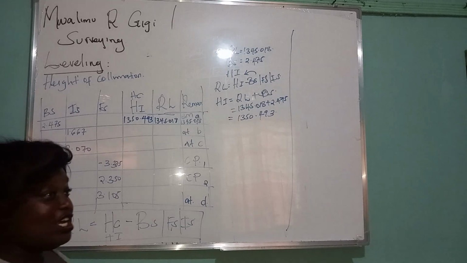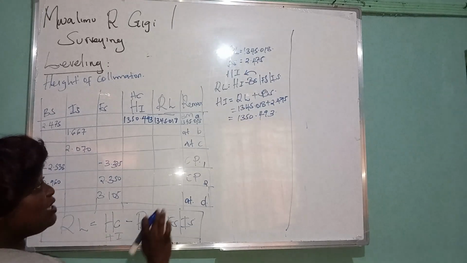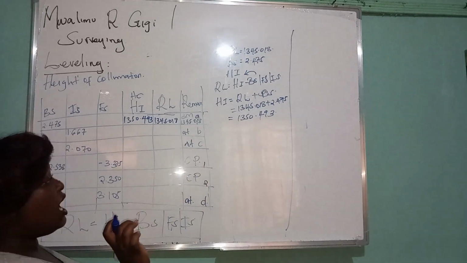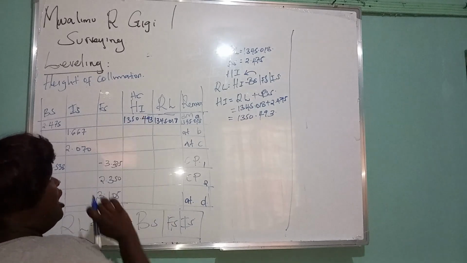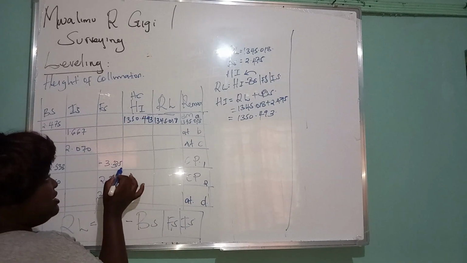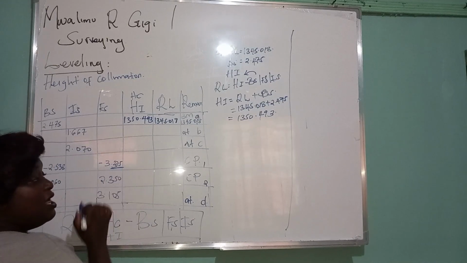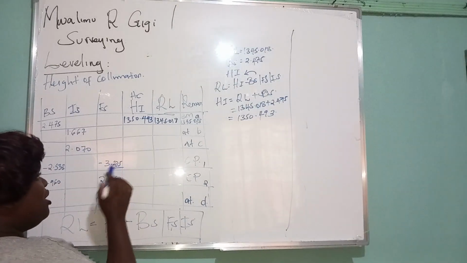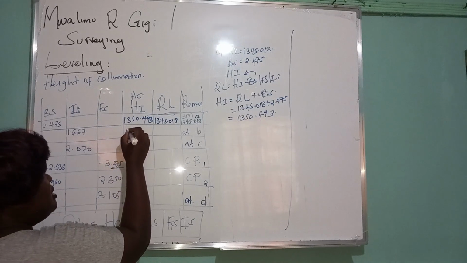At point A, the height of instrument was that. But we've not changed the height of instrument, so we will use 1350.493 up to the last reading, the foresight.